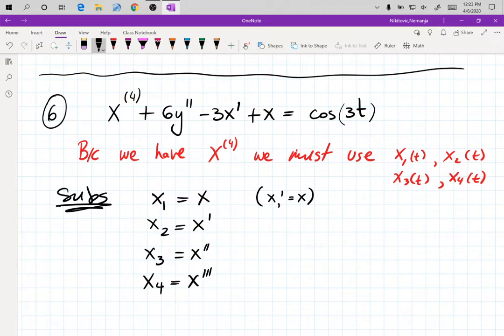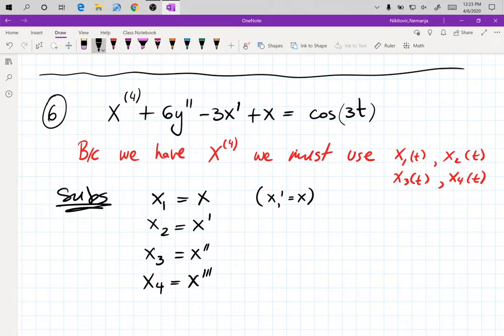I don't care. There's your setup for the variables. So x1 is x, x2 is x prime, x3 is x double prime, x4 is x triple prime.